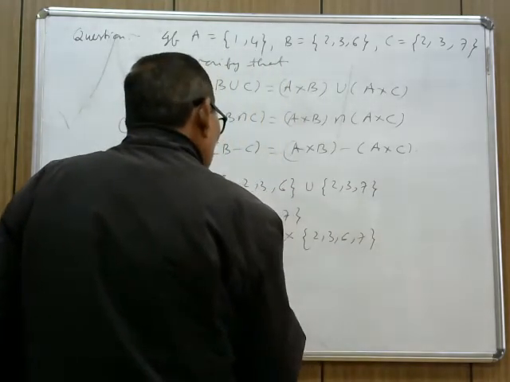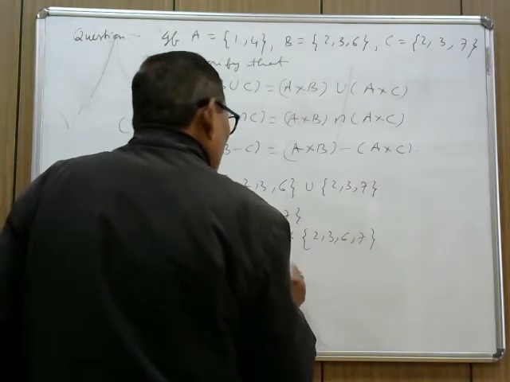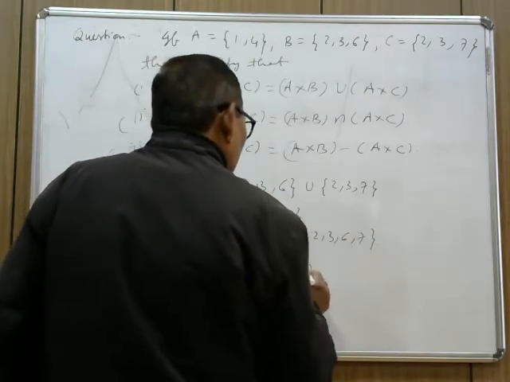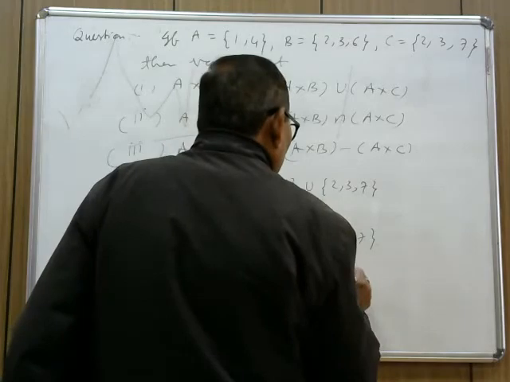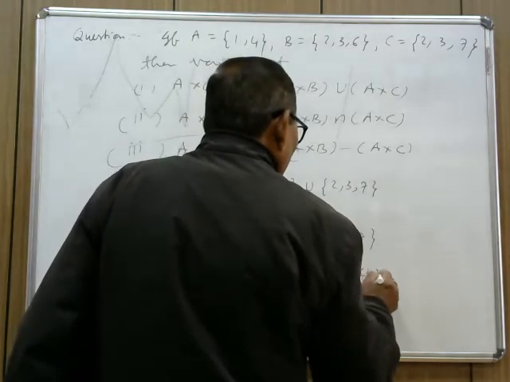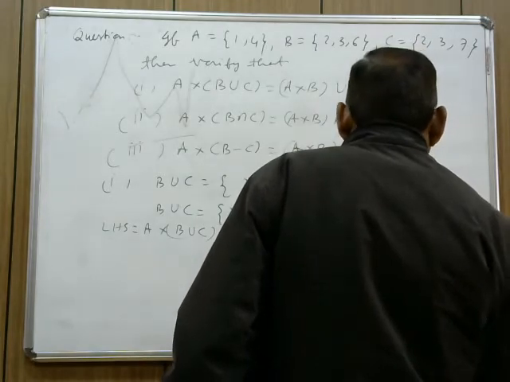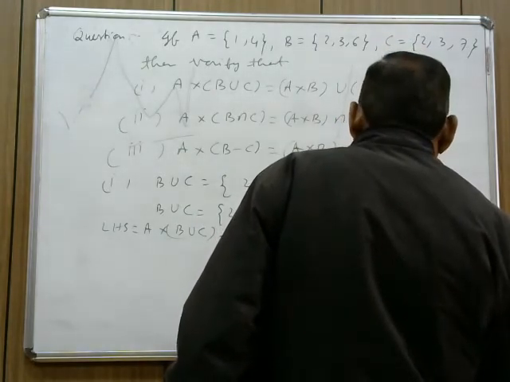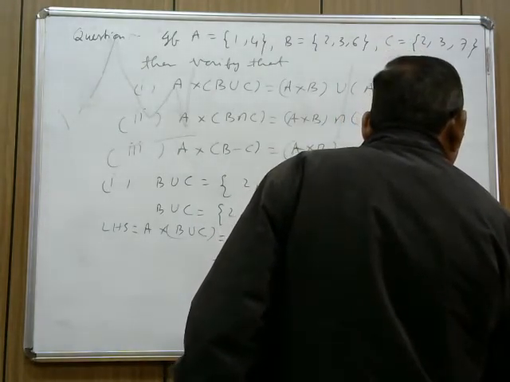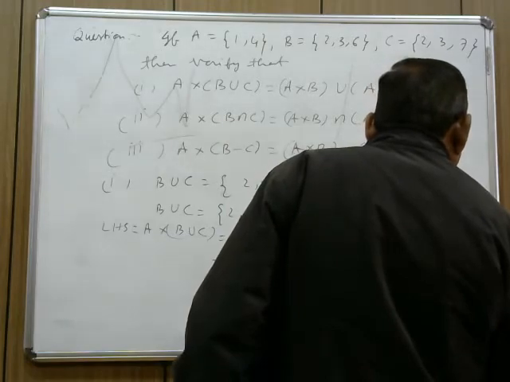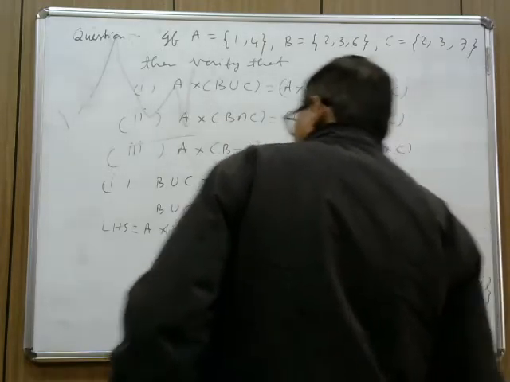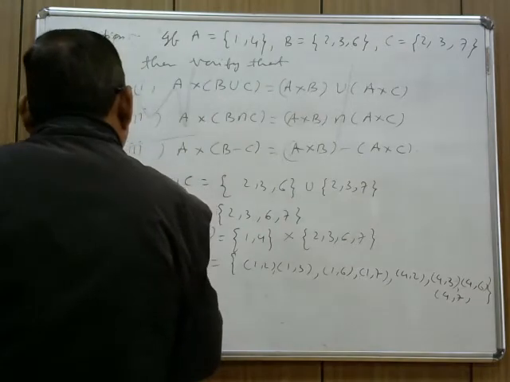That is equal to (1,2), (1,3), (1,6), (1,7), (4,2), (4,3), (4,6) and (4,7). This is your LHS.